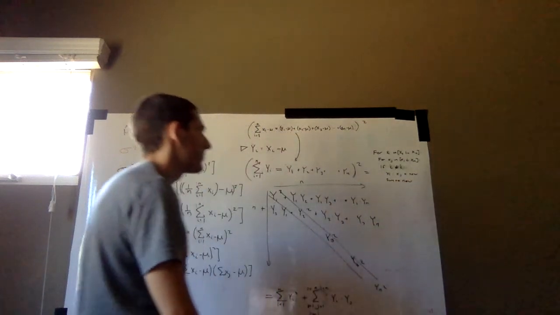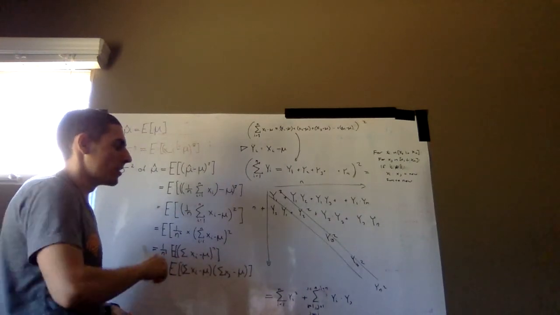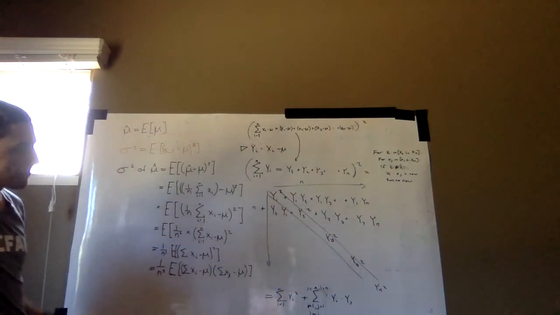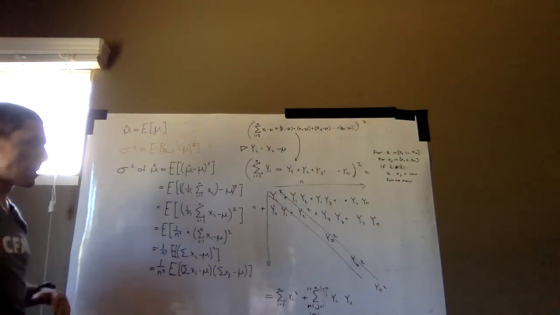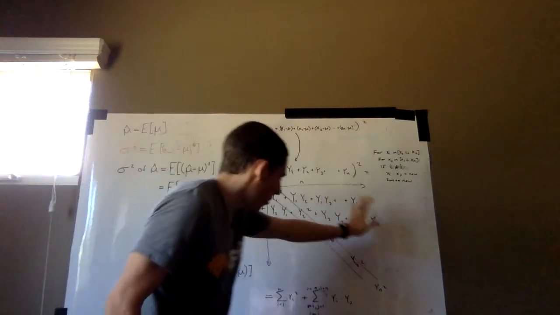Something like that. So we're looping through all of the i's, and we're looping through all of the j's, and every time i is not equal to j, we're multiplying i by j, and that's covering the whole rest of these.